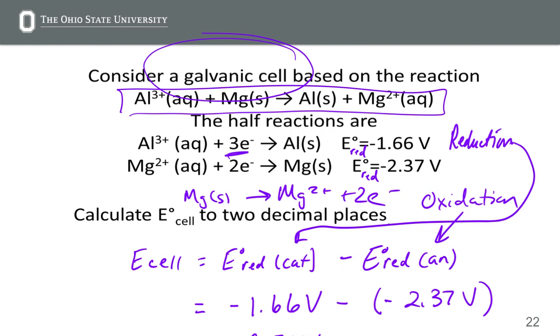You just figure out which value for the reduction potential will go in which of these spots, get a positive value, and then you can figure out which is the cathode and which is the anode. Oxidation occurs at the anode, reduction occurs at the cathode. Does that make sense?